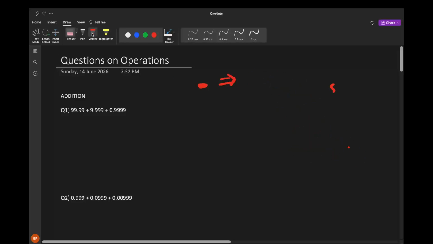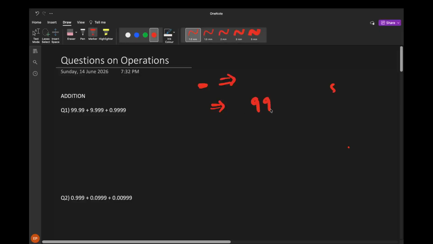Here we have to add 99.99 plus 9.999 plus 0.9999. What matters most in decimal addition is proper alignment, then only we can add properly.